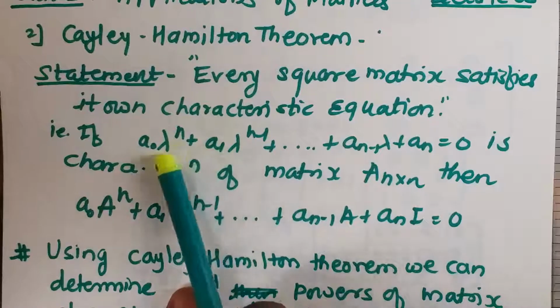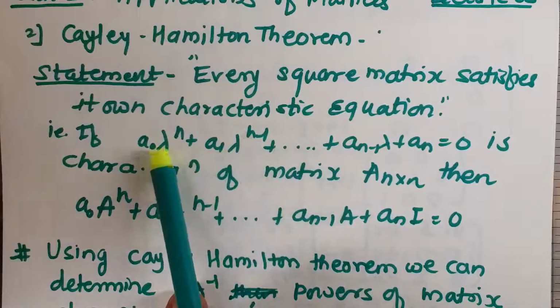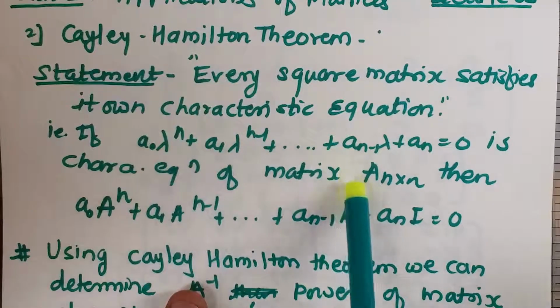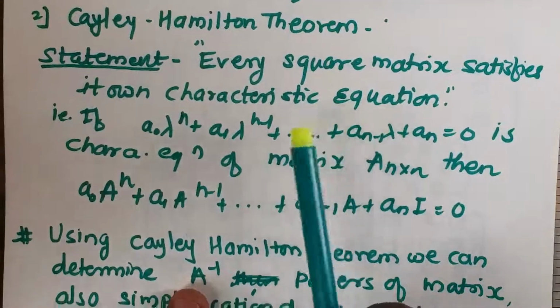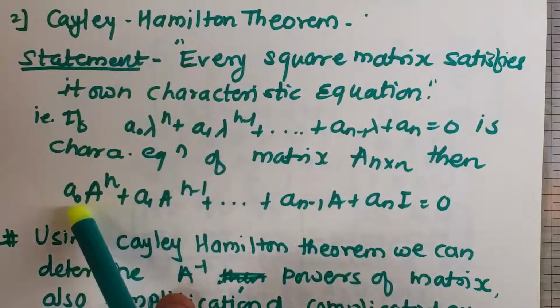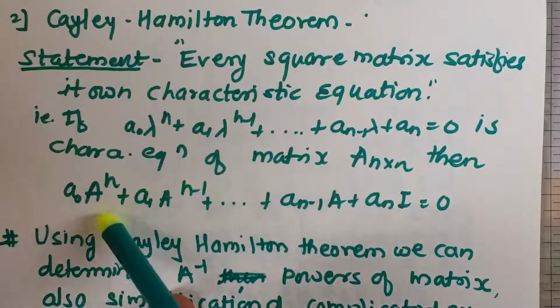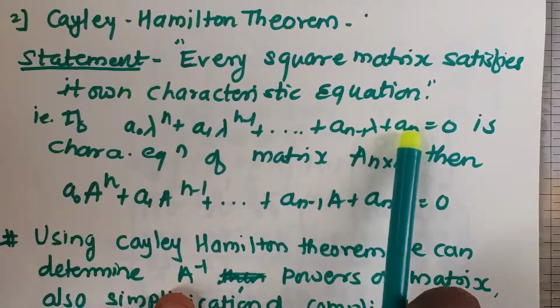It means this polynomial will be satisfied by this matrix. That is, when we replace lambda by matrix A, the LHS will be equal to the RHS. Now when we place the matrix in place of lambda, the addition will be an addition of matrices, right? In this equation we have a constant term an.